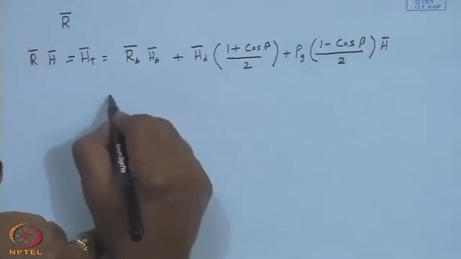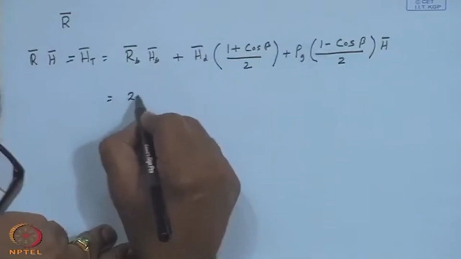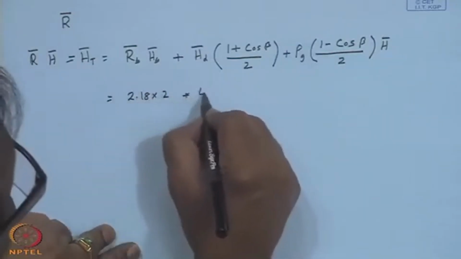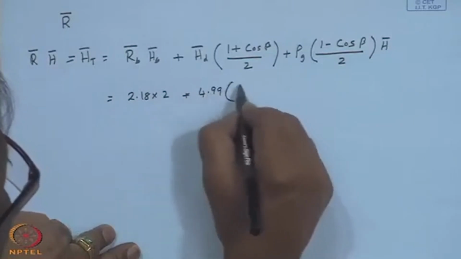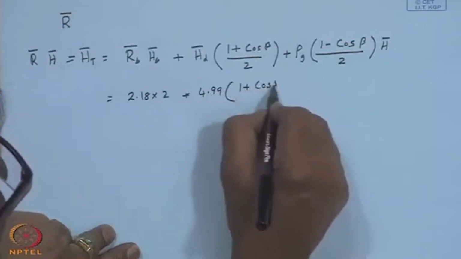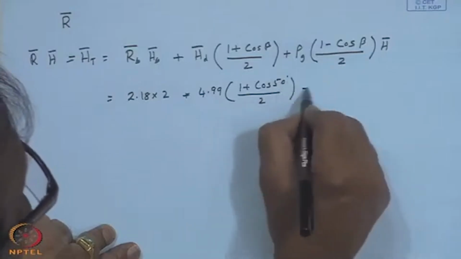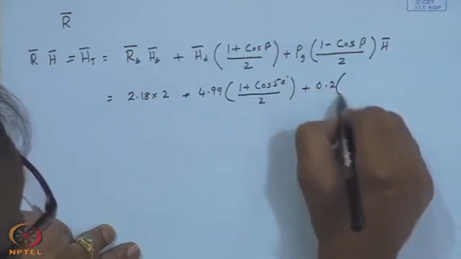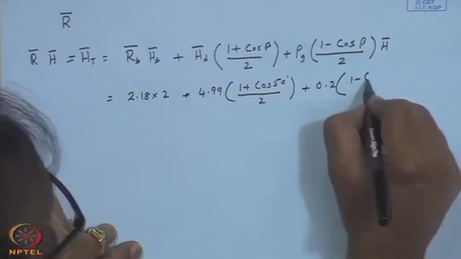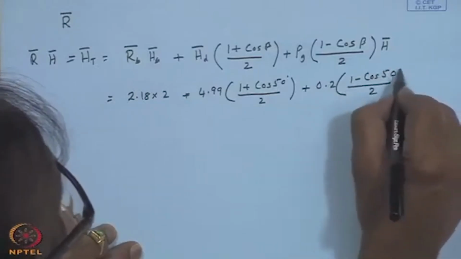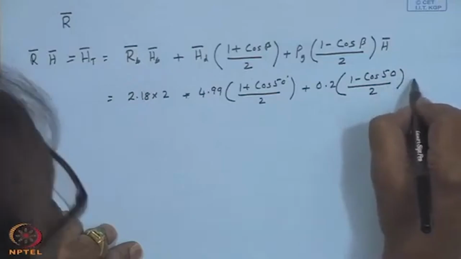So, this will be 2.18 into 2 megajoules plus 4.99 into (1 plus cos 50 degrees, that is the beta) by 2, plus 0.2 into (1 minus cos 50) by 2 into 6.99.